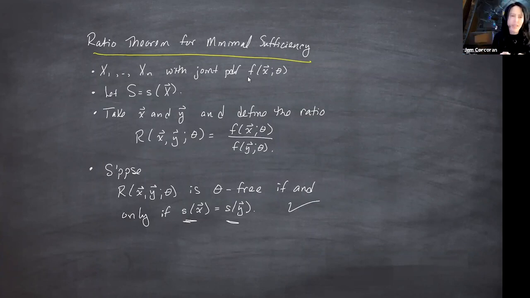It is unique up to one-to-one transformations. You can imagine in this ratio characterization in the Poisson case, I could have said 2 times the sum of the x's is sufficient, and even more interesting one-to-one transformations. So not unique, but unique up to one-to-one transformations.